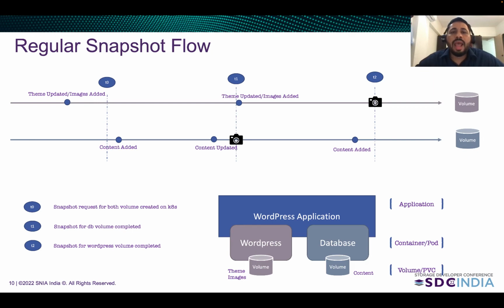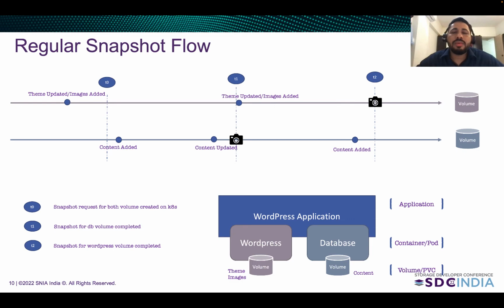At T1 the snapshot of the database volume gets completed. Since the request is raised for both volumes, at T2 the snapshot of the WordPress volume gets completed. Now what happens when the admin wants to restore both of these volumes?